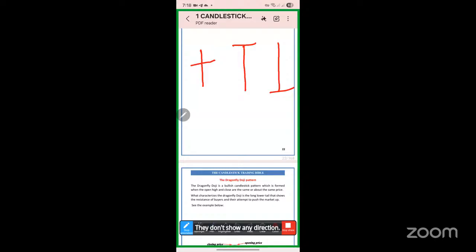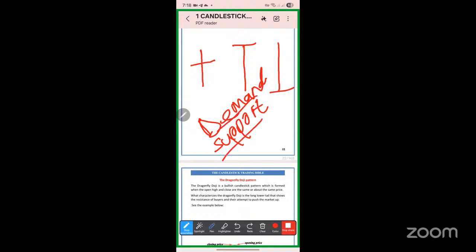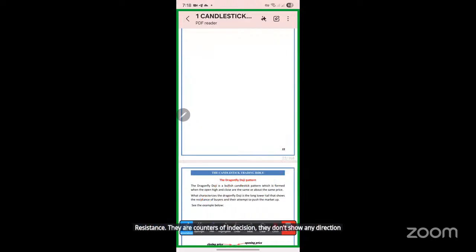But they can show direction once they are formed either at the demand zone or support, or once they are formed at the supply zone, as we are going to see, or the resistance. They are candles of indecision and don't show any direction.